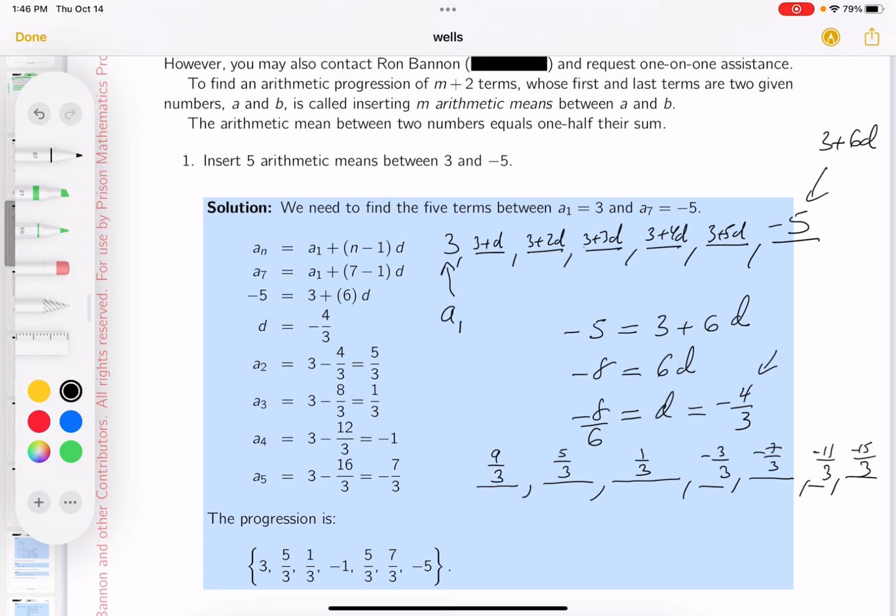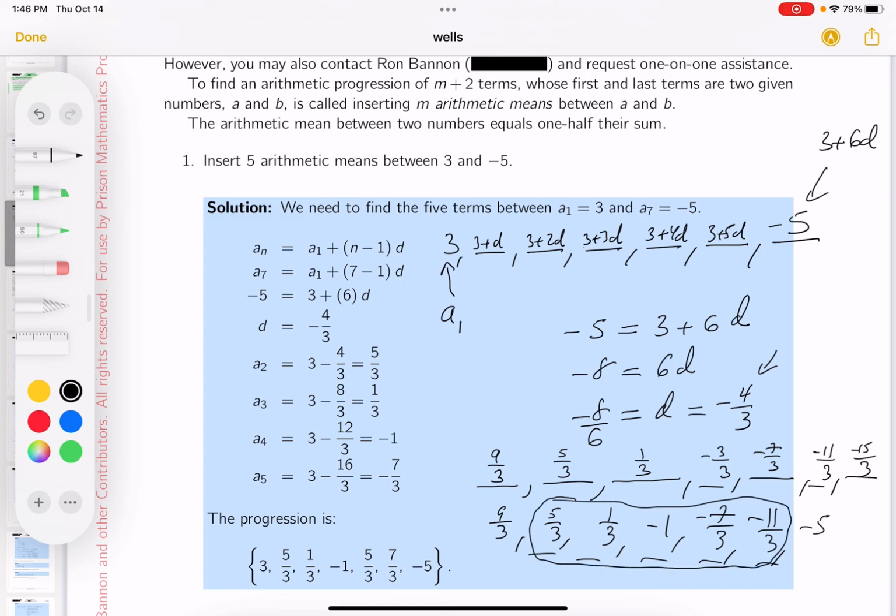Let's write these down. 9/3, 5/3, 1/3, minus 1, minus 7/3, minus 11/3, and minus 15/3 is minus 5. 1, 2, 3, 4, 5. All right, there's an error in my key, probably from typing. I have to check this. This is the correct answer over here, though. These are the 5 arithmetic means that I'm putting in between.